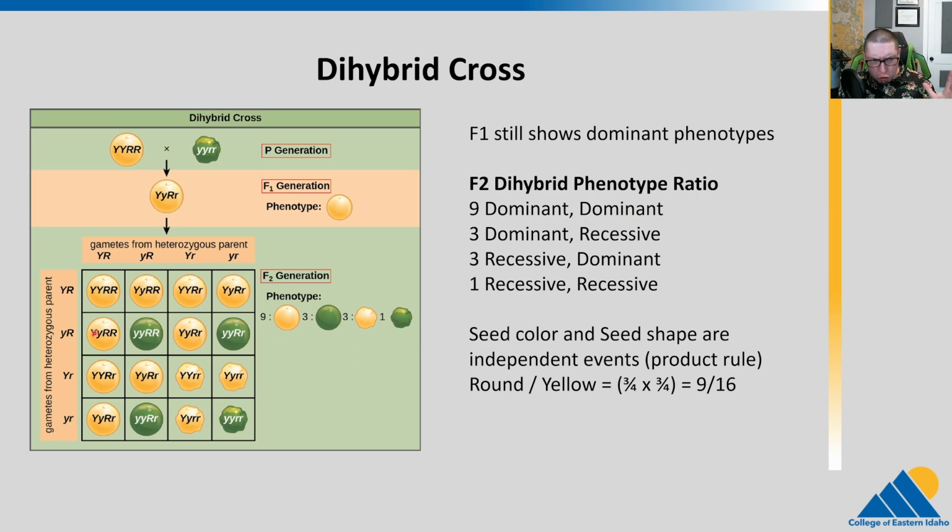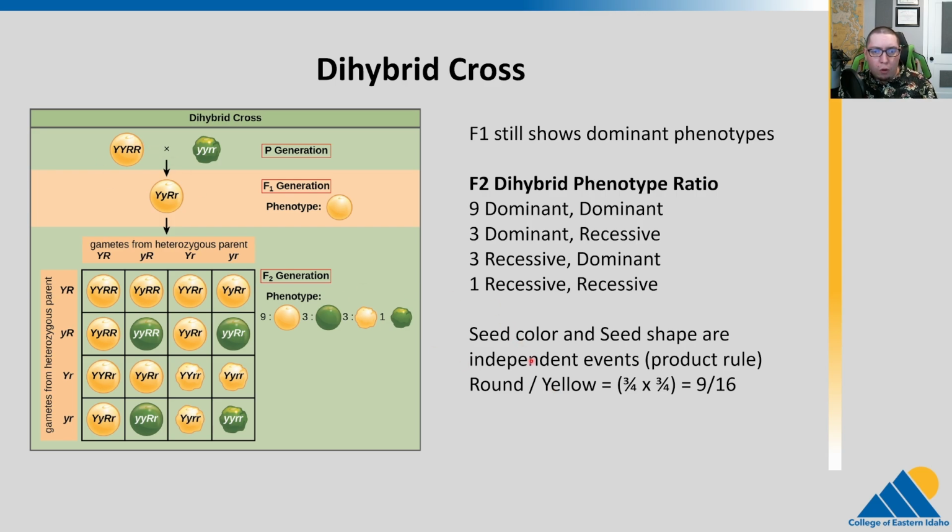Now, drawing this all out and writing out all these combinations is kind of a pain. So you could use the product rule that we saw in the last section and do the two monohybrid crosses on their own. So what's the probability of getting a round seed and yellow seed color?